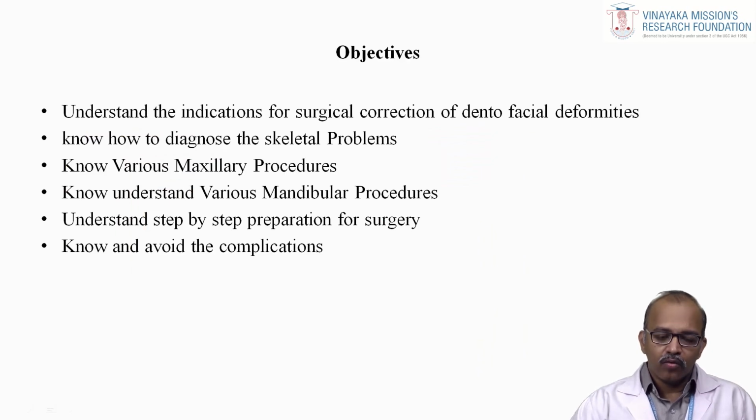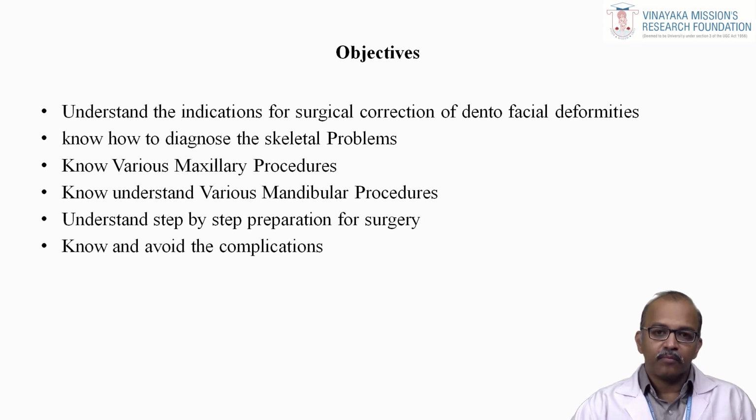By now you will understand the indications for surgical correction of dentofacial deformities, and how to diagnose skeletal problems, whether upper jaw problems, lower jaw problems, a combination of both, a single tooth problem, or a severe dental problem like flaring of upper anteriors.